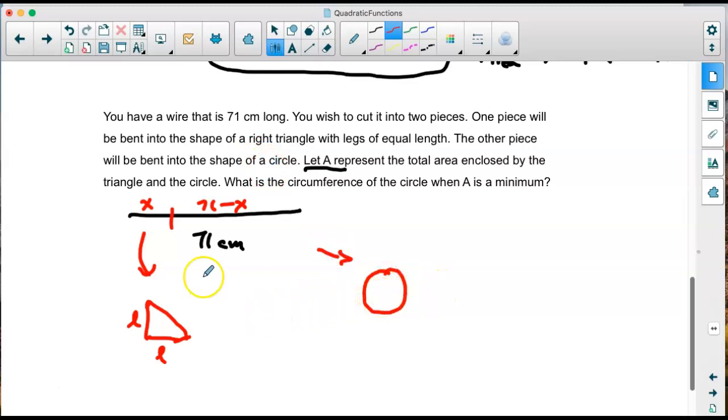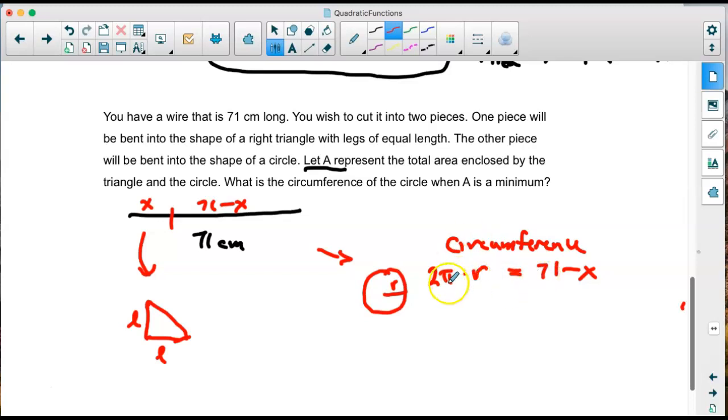Okay, so what we need to figure out is that these three sides are going to equal x, and the circle's circumference is going to be equal to 71 minus x. The circumference by formula is related to the radius: it's 2 pi times the radius.